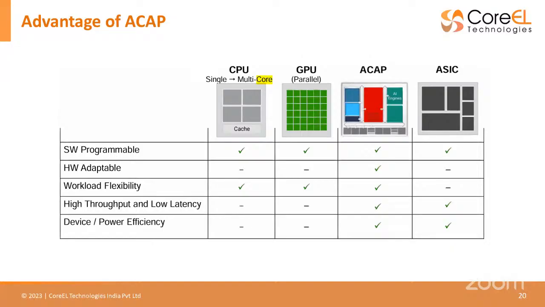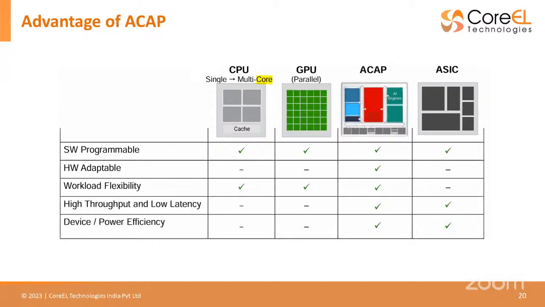A similar thing happens with GPUs as well. A GPU can have flexible workloads depending on the distribution and the range of GPUs used. Then come your ASICs, dedicated ICs, where you have software programmability, and along with it high throughput and low latency. These ASIC devices are much more power efficient and resource efficient.